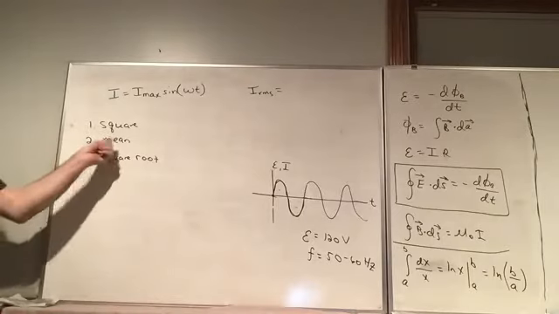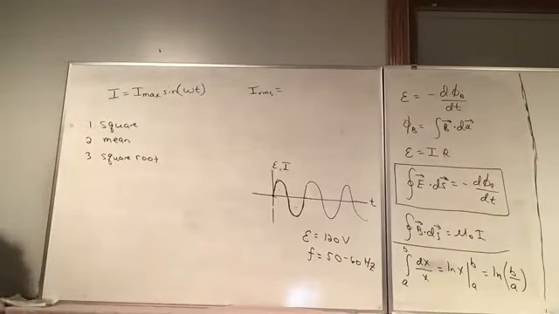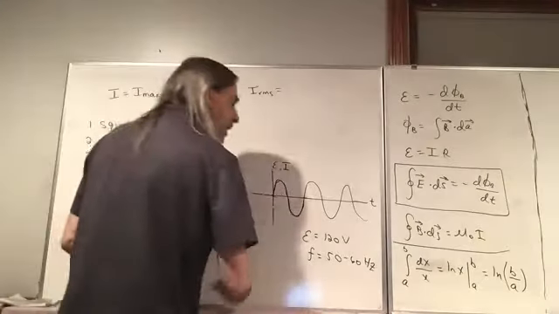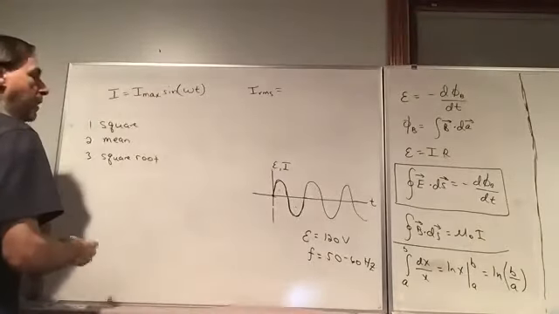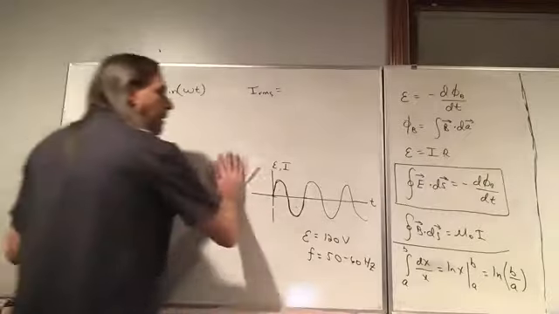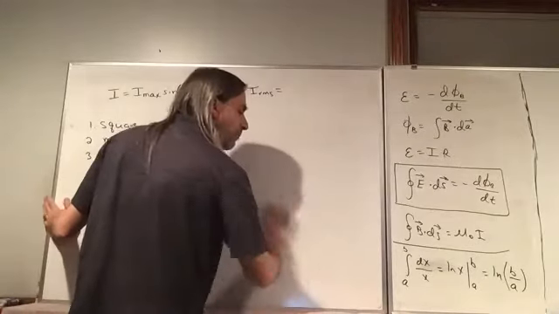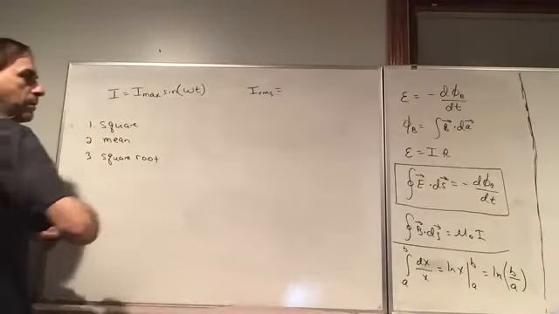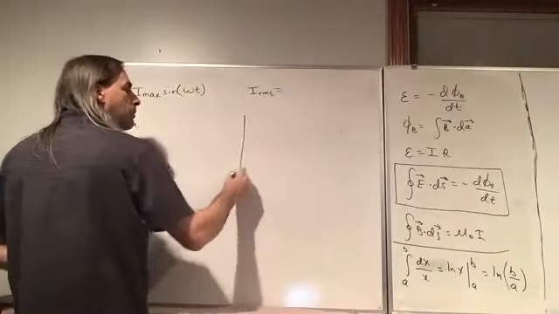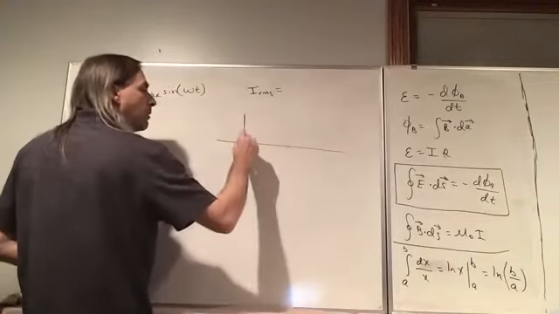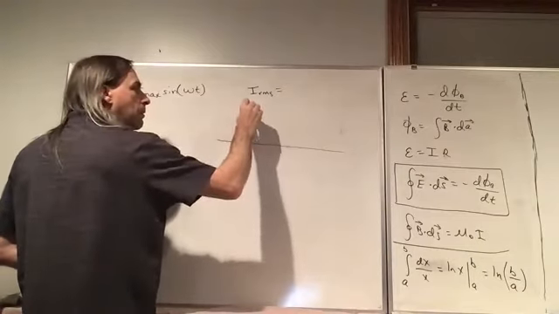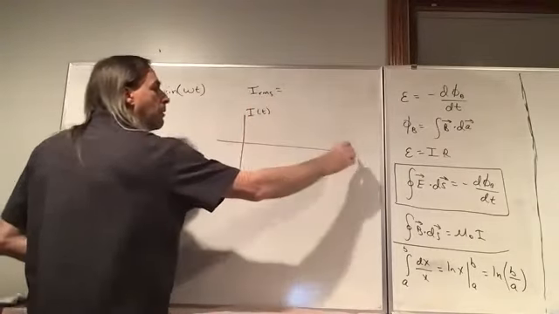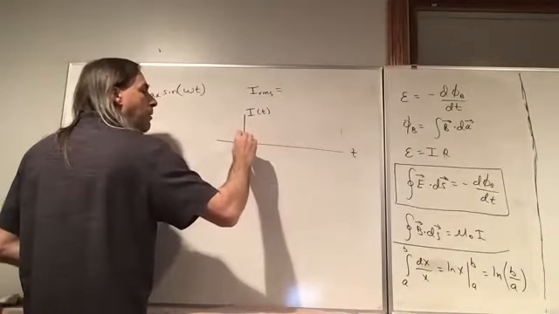Now the tricky part is taking the average. How do you take the average value of a function? There's actually a kind of nice trick we can do. But first, let's plot it.